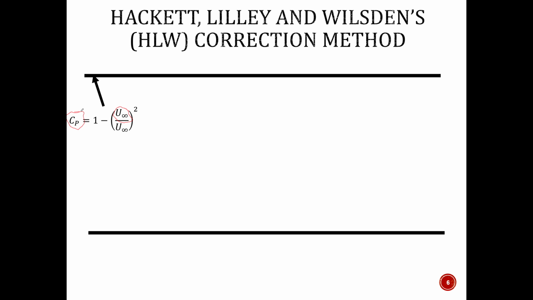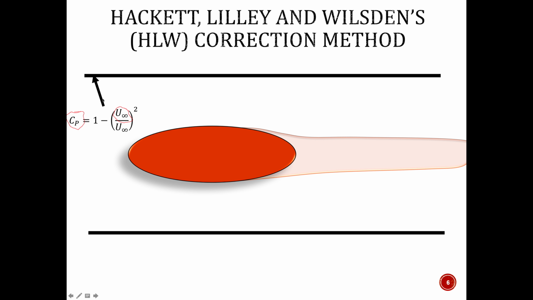When free stream matches the local velocity, then the CP will be 0. Now imagine you have an object in here. You know that the flow is going to constrict here and the velocity is going to increase, and because of that, the CP will also change.